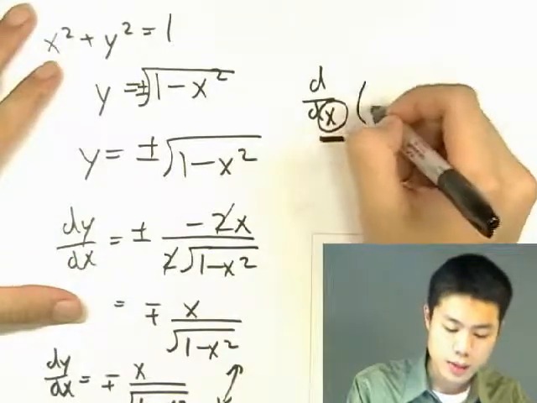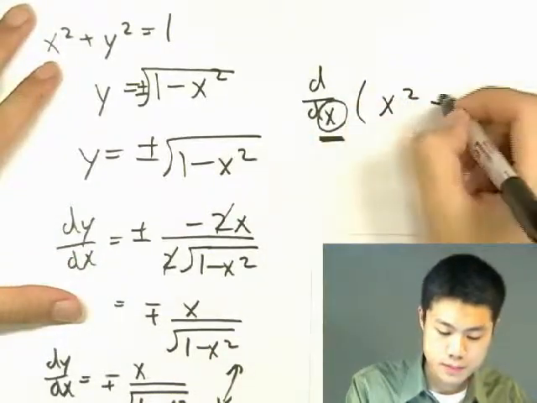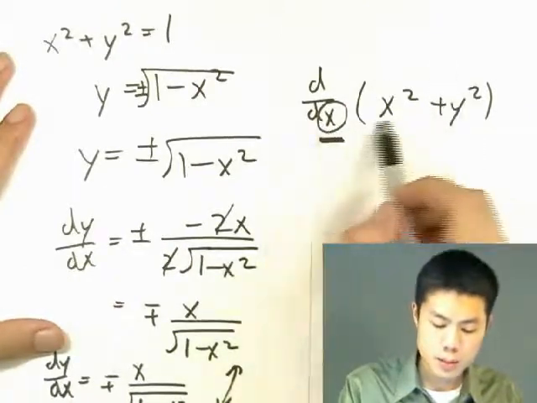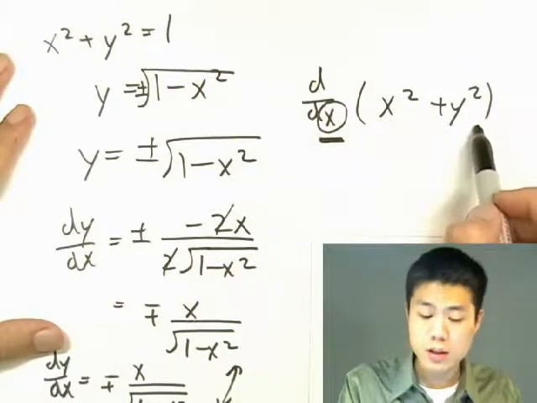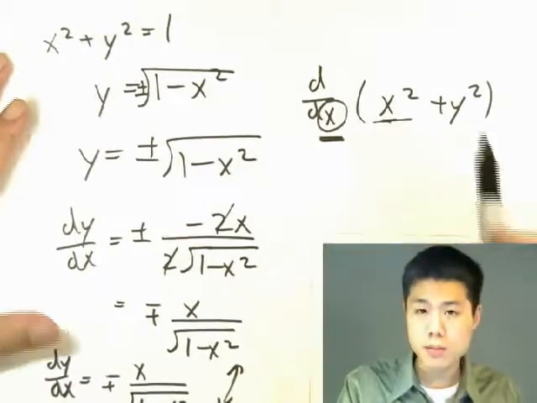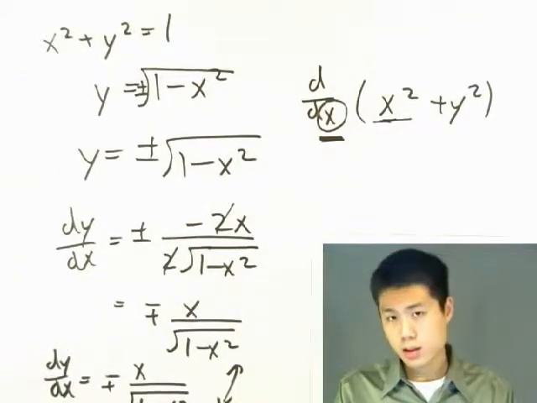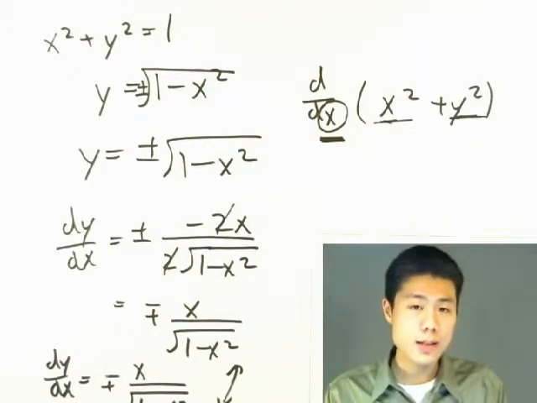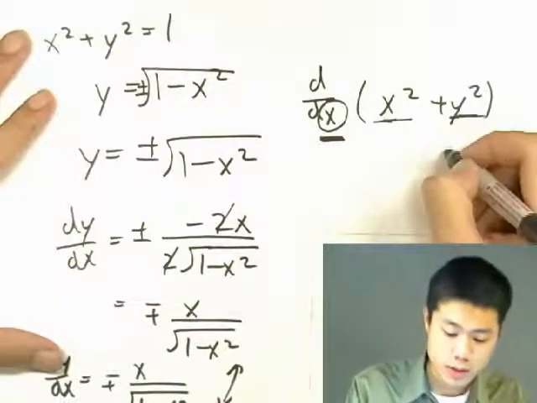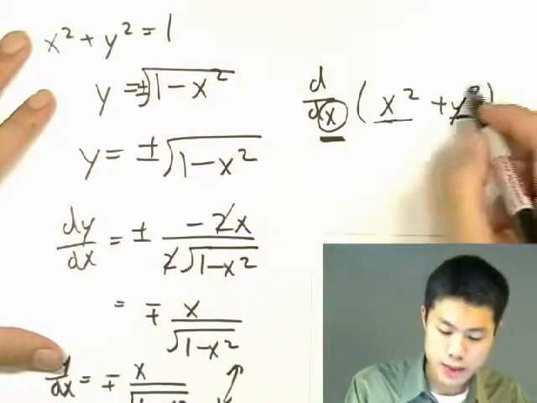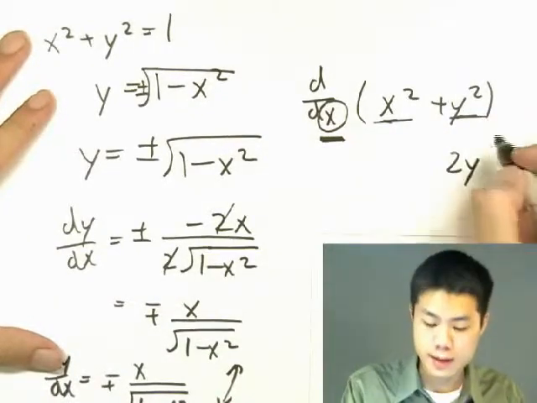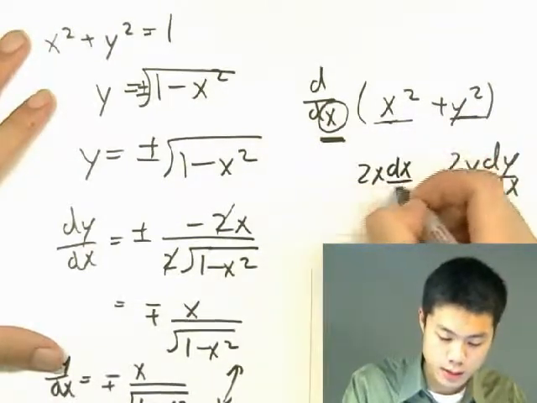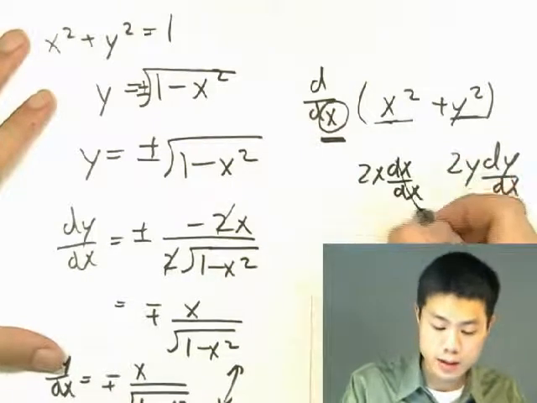So if we're taking the derivative of this, we know that if we see an x term, we can simply use a regular power rule. But if we see a y term, we have to use a chain rule. We have to first take the derivative of the outside layer, and then take the derivative of the inside. Whereas here, we could still do the same thing, but we know that this is equal to 1.